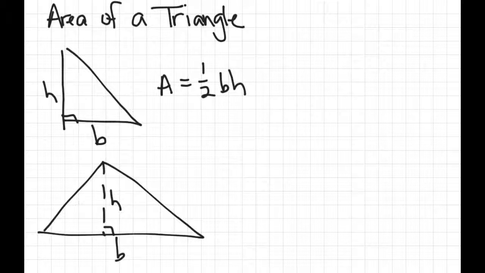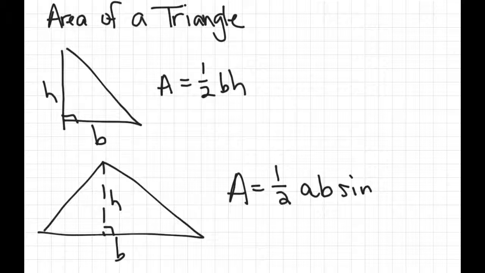Now, there's another formula in trigonometry that we can use for finding the area, and I'm not going to derive it for you, but I'm going to give it to you. The area is 1/2 AB sine theta. Let's say that this is theta.